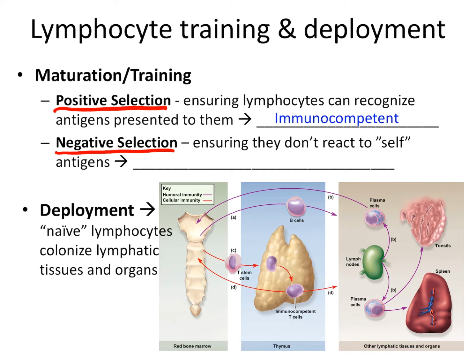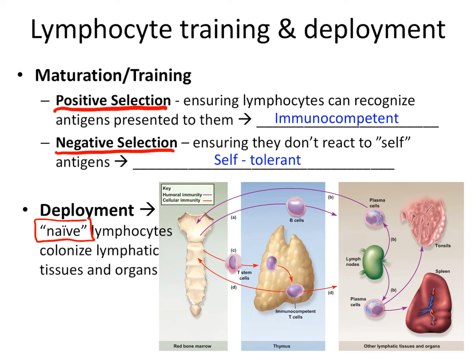If they've passed that negative selection test, then they are referred to as self-tolerant, and they essentially become what are known as naive lymphocytes. A naive lymphocyte is a lymphocyte that has passed positive selection and negative selection, but has never yet encountered a foreign antigen.